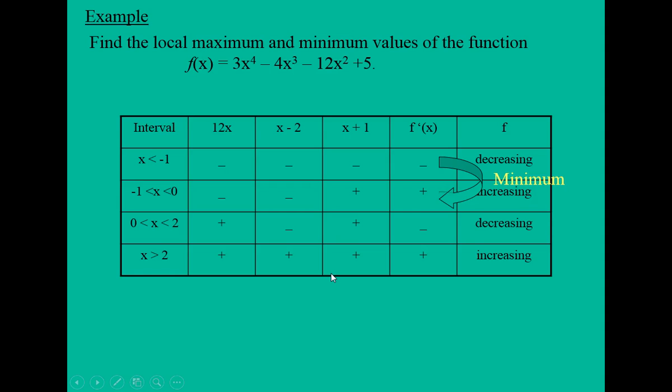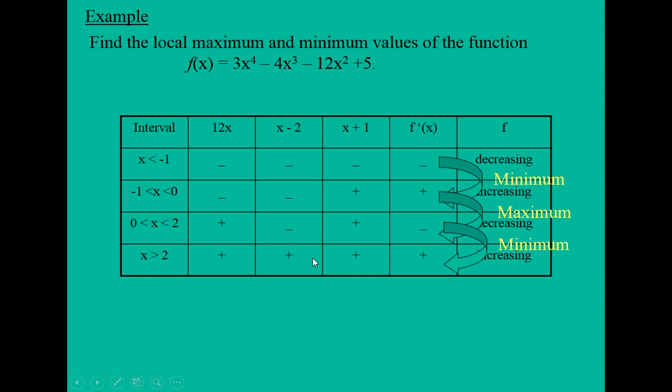Then the graph changed from positive to negative, so we would have a relative maximum. The derivative then changed from negative to positive, so we would have a local minimum.